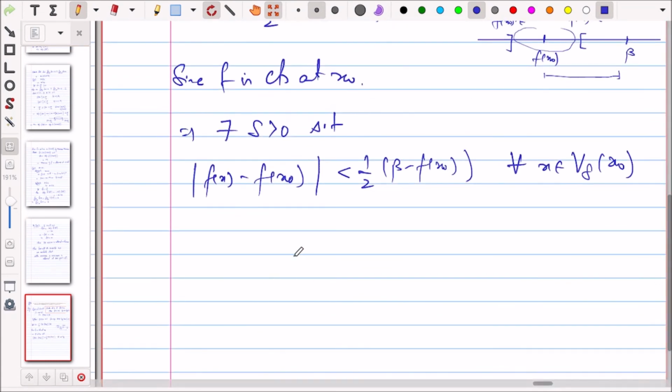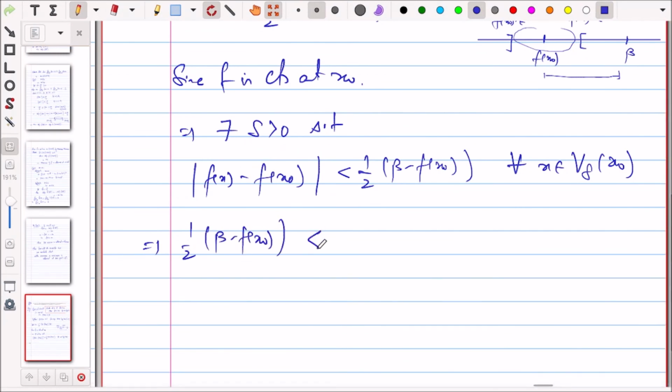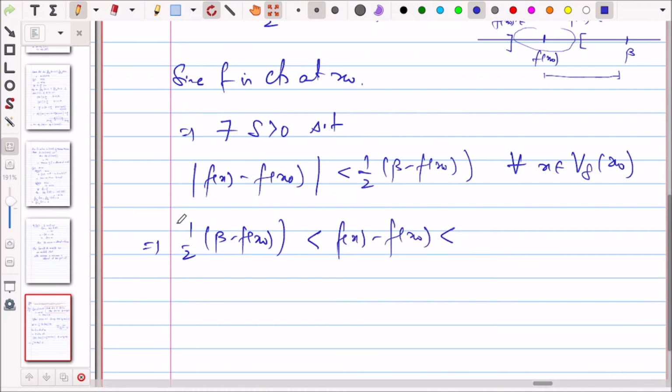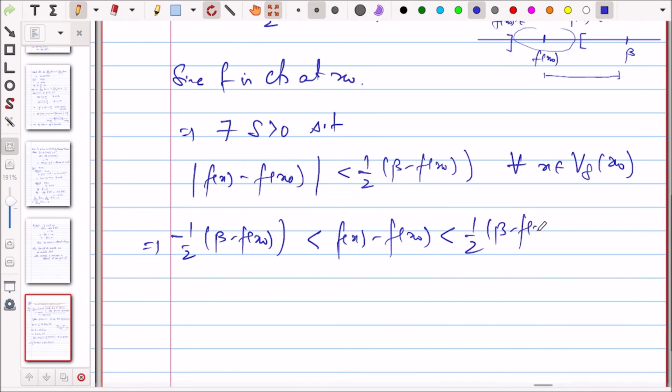When you open this, it implies minus 1 by 2 times beta minus f of x naught is less than f of x minus f of x naught is less than 1 by 2 times beta minus f of x naught for all x in the V delta neighborhood of x naught.